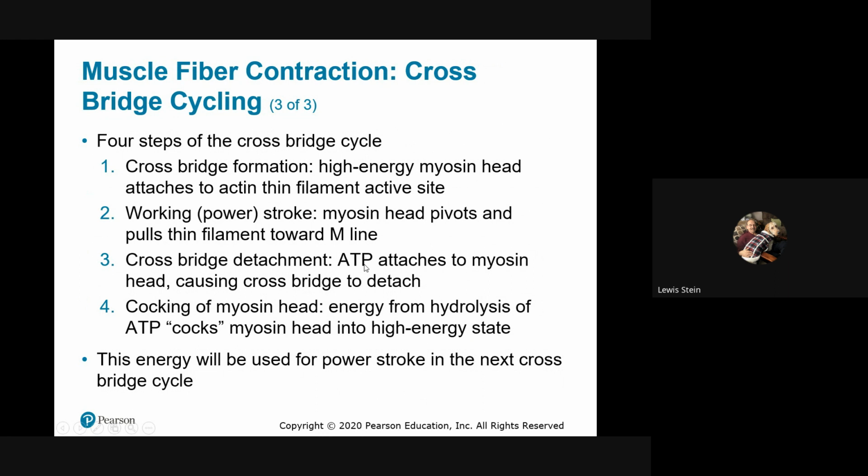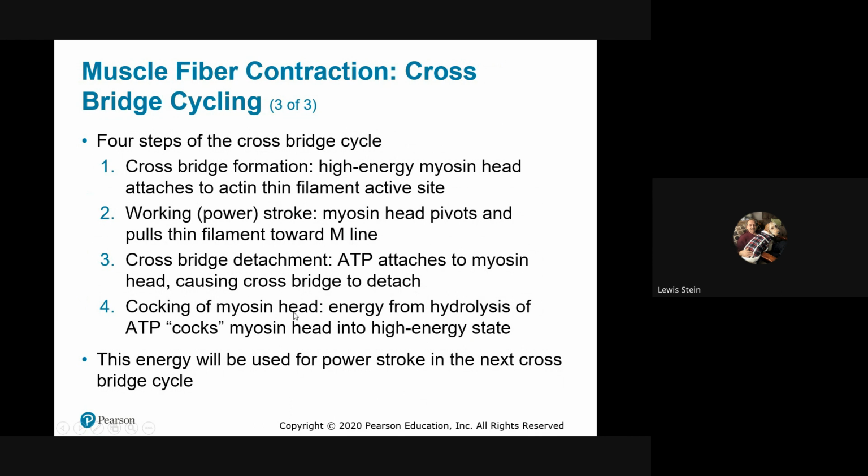Then what requires additional ATP to the myosin head to cause detachment. So a cross bridge has to form with the input of energy. We have to generate a power stroke. Then to complete it, whether it continues contracting or we're done, we have to have ATP necessary. That's really important. Cross bridges to detach.